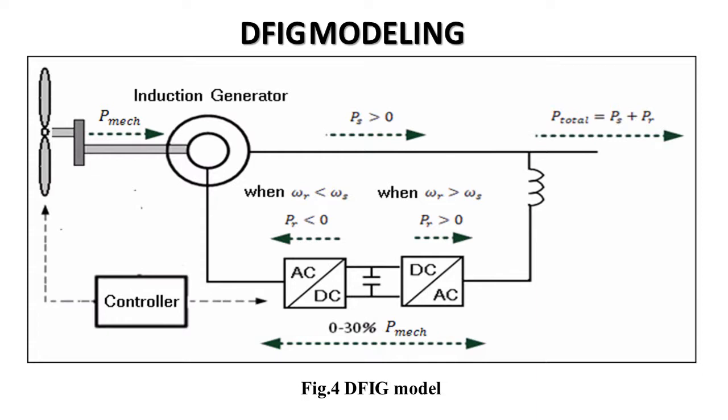It has control over the active and reactive power transfer between the rotor and the grid. The rotor side converter is responsible for control of the flow and the stator active and reactive power.